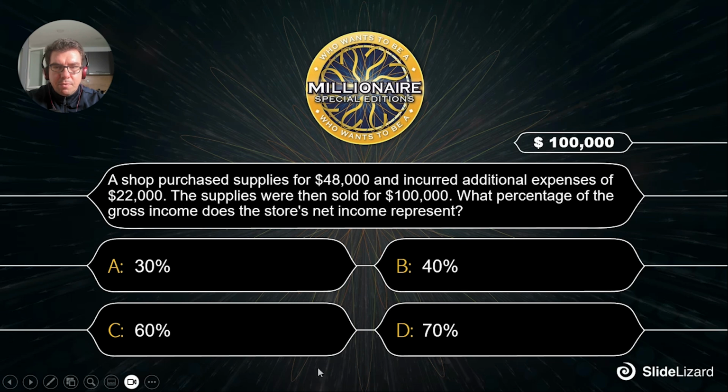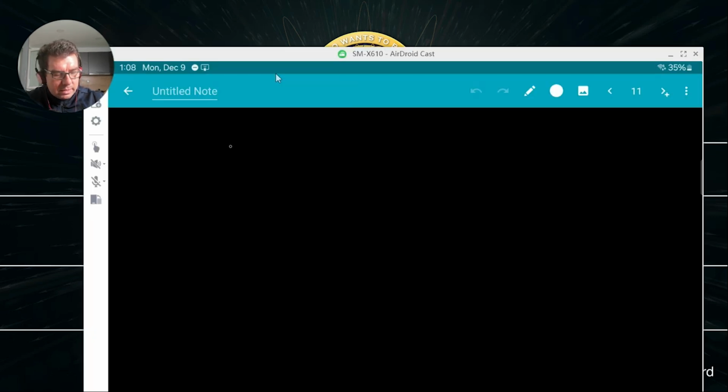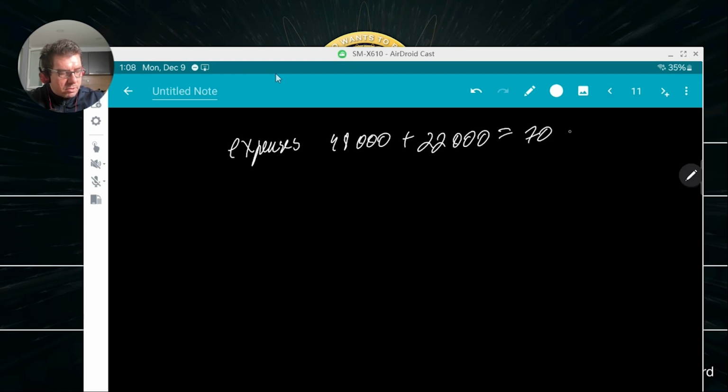Okay, did you find A, 30%? This problem is relatively easy. Expenses, 48,000 plus 22,000 equals 70,000.